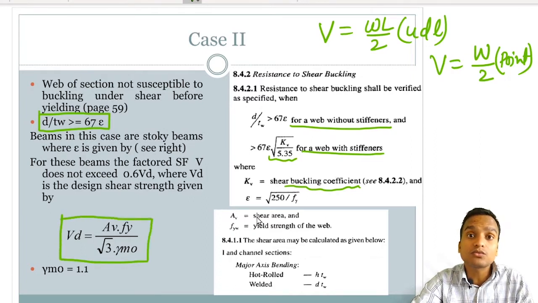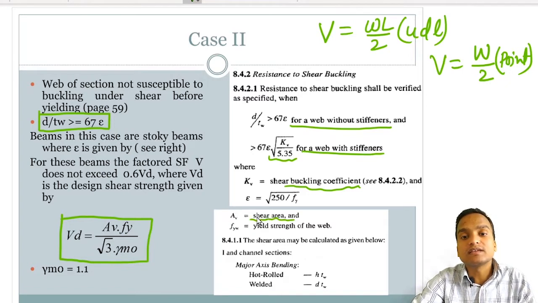This is given in the code, section 8.4, and VD is equal to AV into Fy divided by root 3 into gamma MO. Gamma MO is equal to 1.1 and Fy is equal to 250 megapascal mostly, and AV is the shear area, and shear area can be calculated as given below.